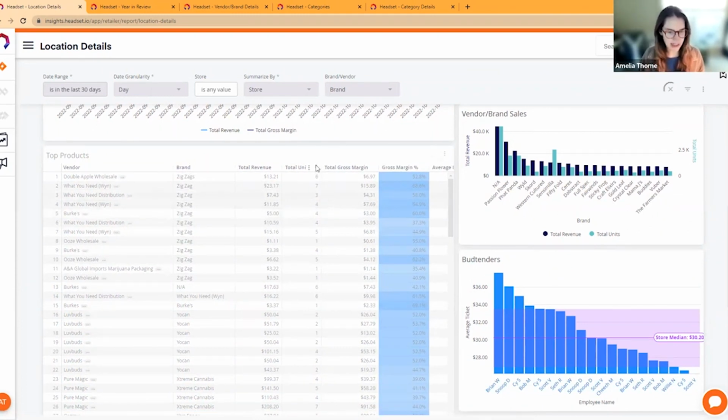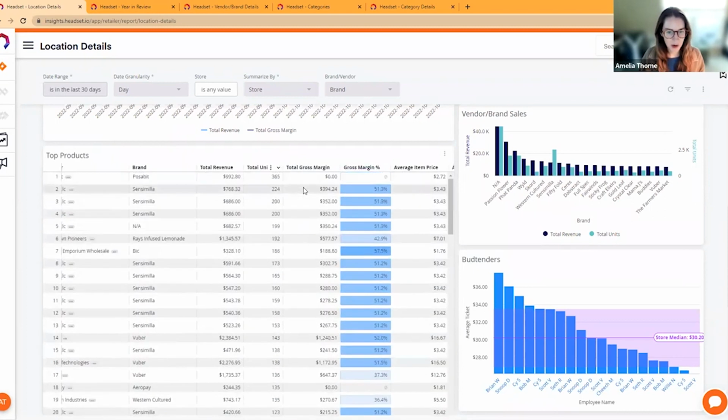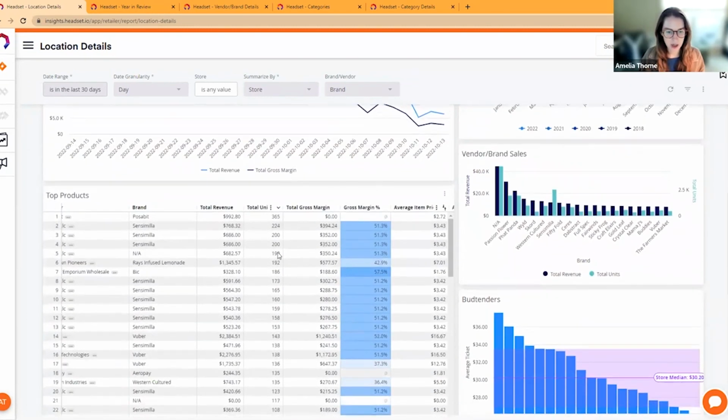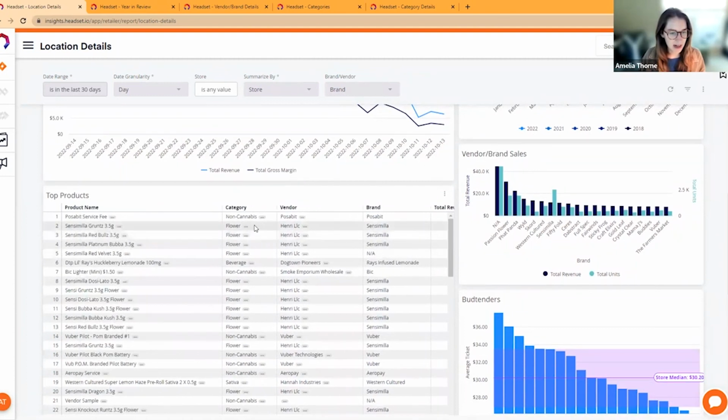And then we will get a list from top down of what our most popular product was in terms of units sold. Now, likely this is going to be a non-cannabis related item. We can't sort out any non-cannabis related items here.